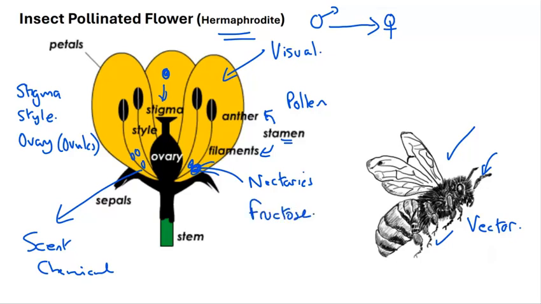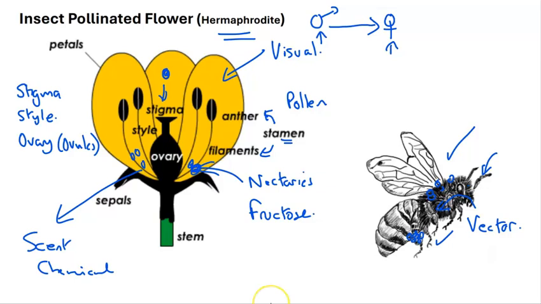So a bee will remove the fructose from the flower, which it will ingest, and pollen will be found on the external surface of the bee, and in fact is often accumulated on specific structures on the bee leg. And in this way, the bee acts as a vector, taking the pollen grain from the male component to the female component of the plant for fertilization.